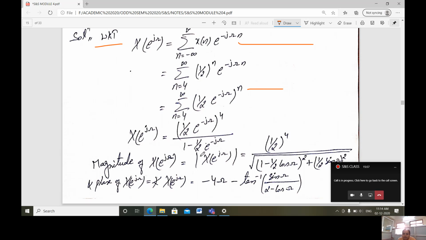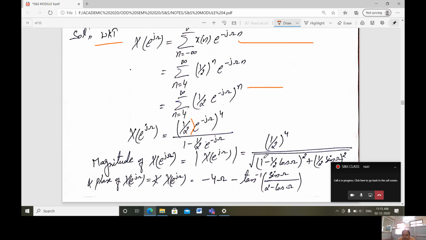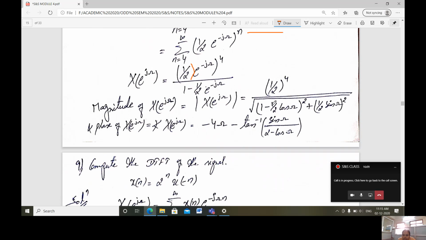Then the magnitude is the mod of X of e raised to j omega, only of this part: 1 divided by 2 power 4, divided by square root of (1 minus 1 by 2 cos omega) whole square, the real term, and then the imaginary term is (1 by 2 sin omega) whole square. This e raised to minus j omega you have to take as cos omega minus j sin omega, and then you write the magnitude part.